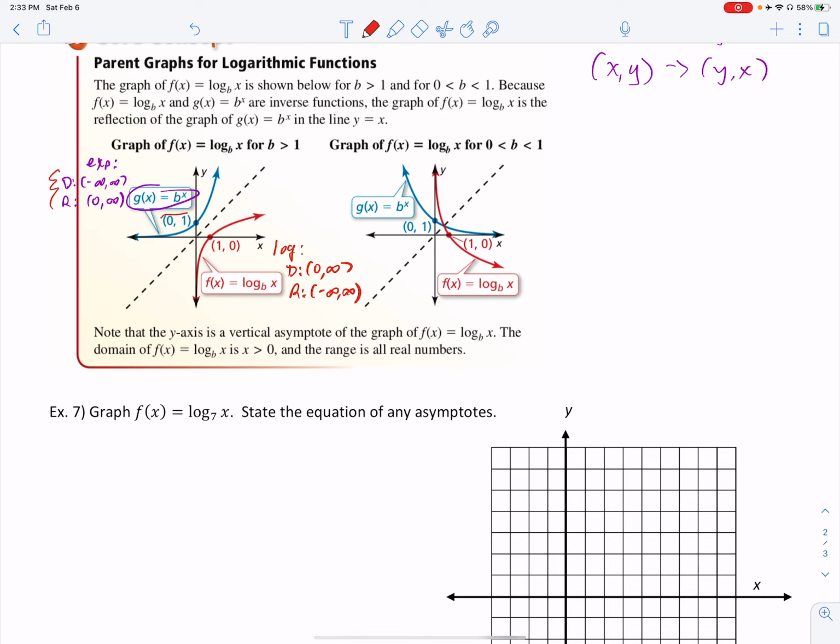And another important point, if there haven't been any shifts right or left or up or down or vertical stretches, on the exponential we have the point 0, 1, so the logarithmic goes through 1, 0. And then on the logarithmic, we have what we call a vertical asymptote.